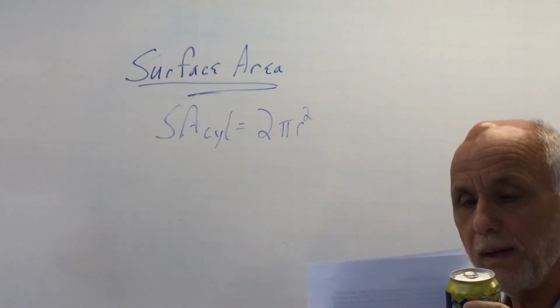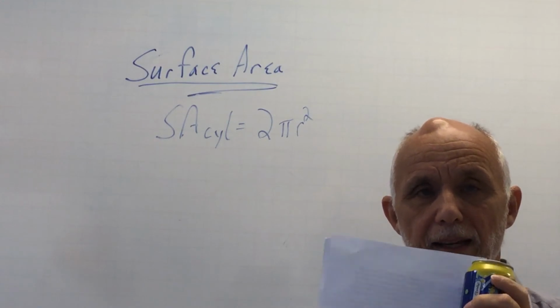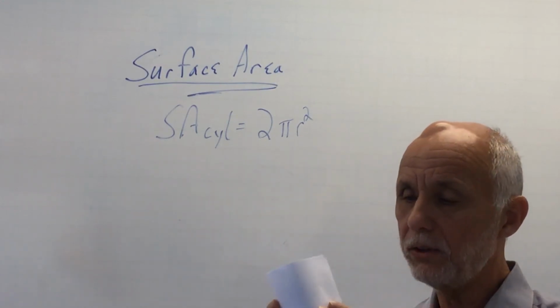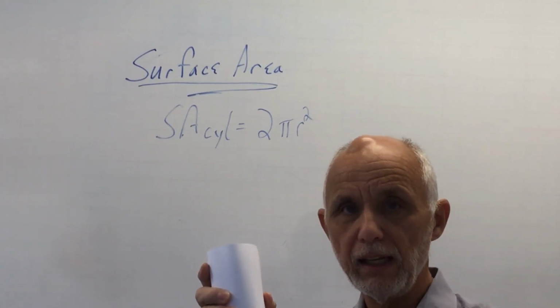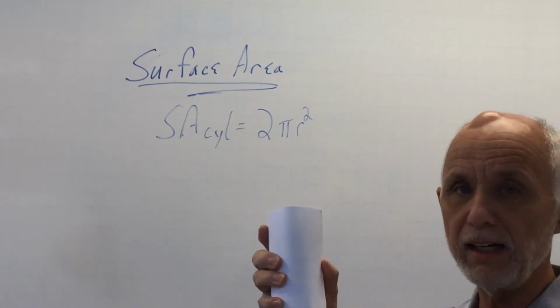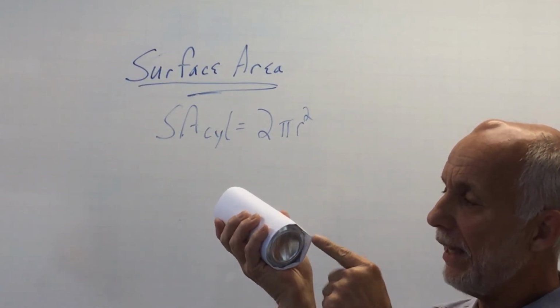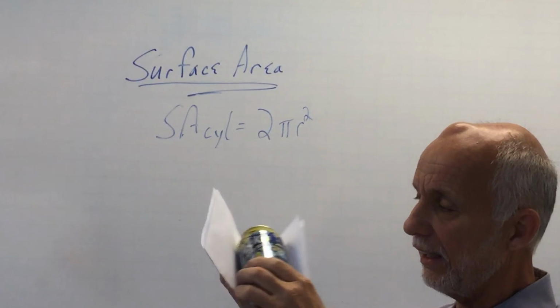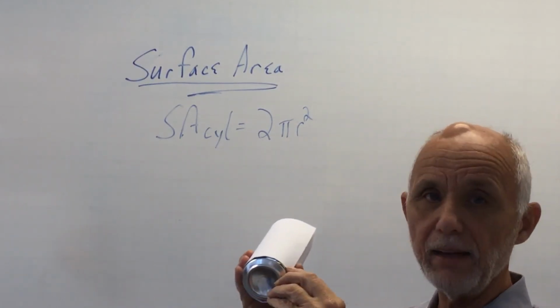Now remember that the area of a rectangle is length times width. But when it's on the circle, it's not a length, it's curved. And the width is really the height. But if you look at this circle, when you unwind this thing, the length is the same as the diameter, isn't it?